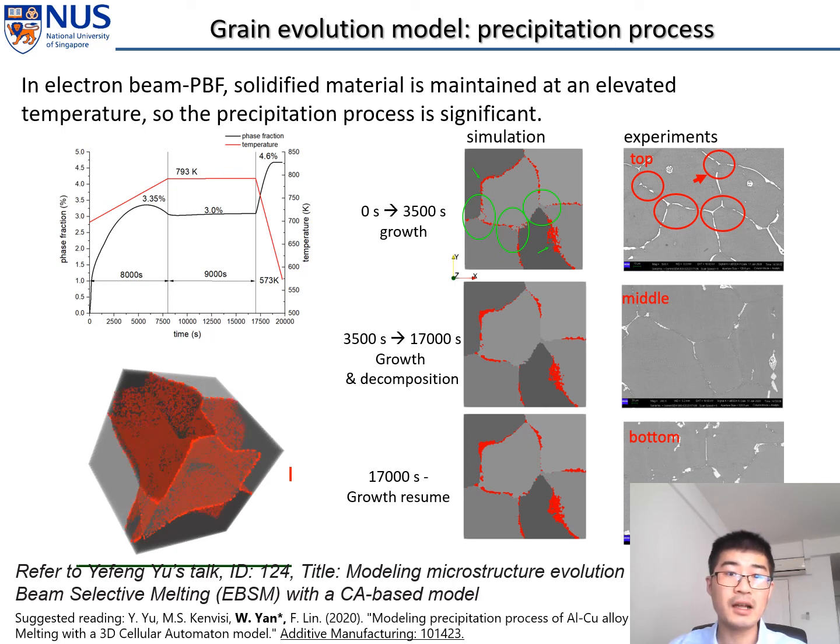So we developed a precipitation model, and this is a comparison between simulation and experiments. And you can see the precipitation usually occurs near the grain boundaries. So this is also a good agreement. For the details of this model, I would strongly suggest you refer to my student's talk, Yu Yefeng's talk here.